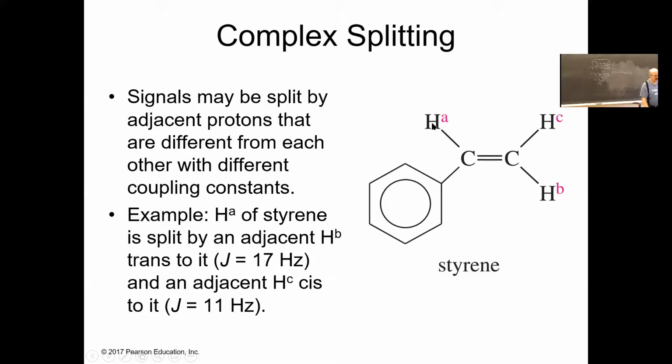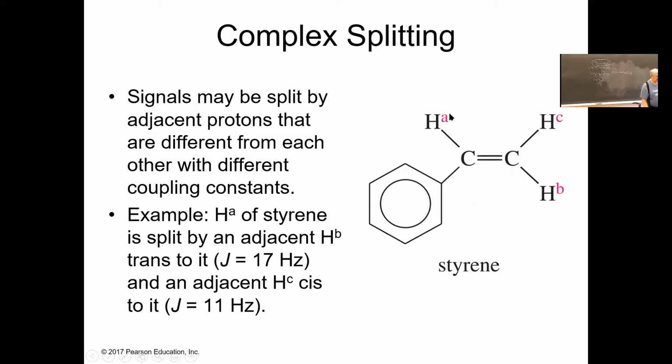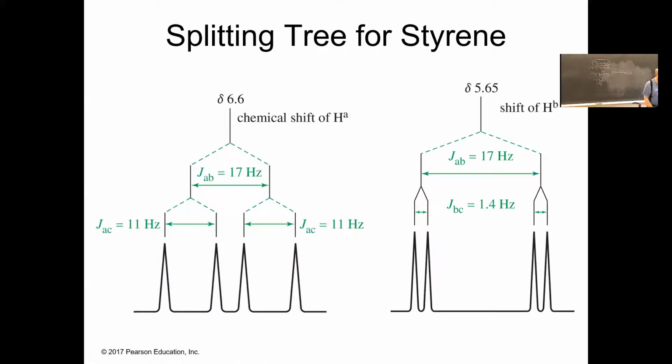The reason is that A is trans to B and cis to C. So A, which is this proton, is split by C and also split by B. So what we'll see is a doublet of doublets. 17 hertz represents the trans coupling constant, and then each one of these is split into two.